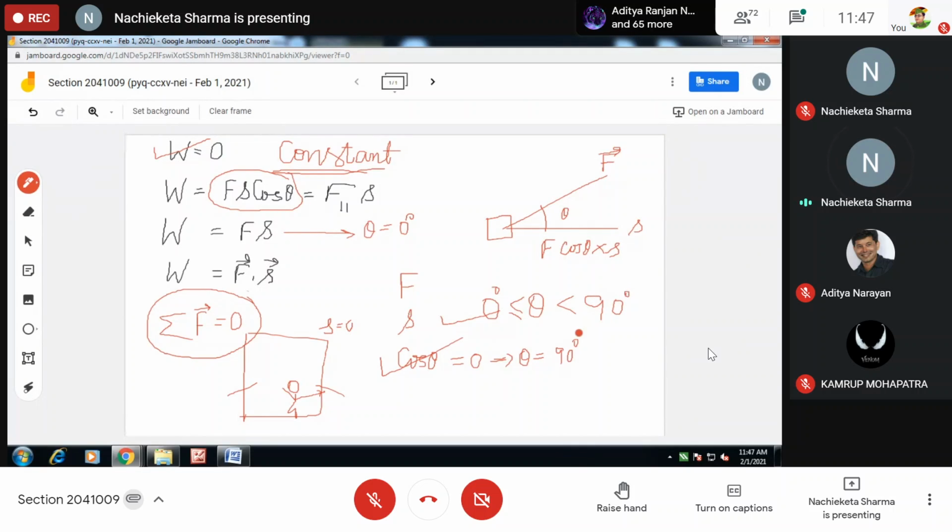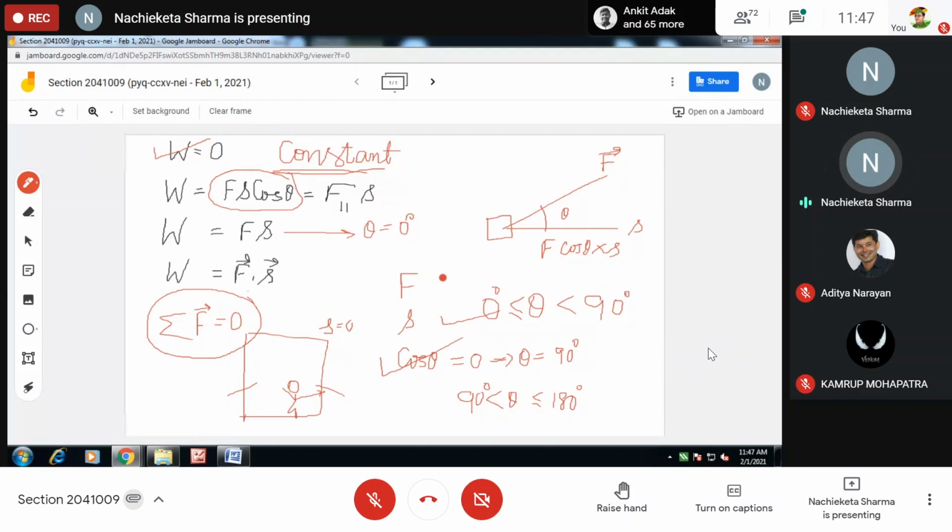But at 90 degrees work done will be 0. So when theta is greater than 90 degrees and less than or equal to 180 degrees, your work done is negative.